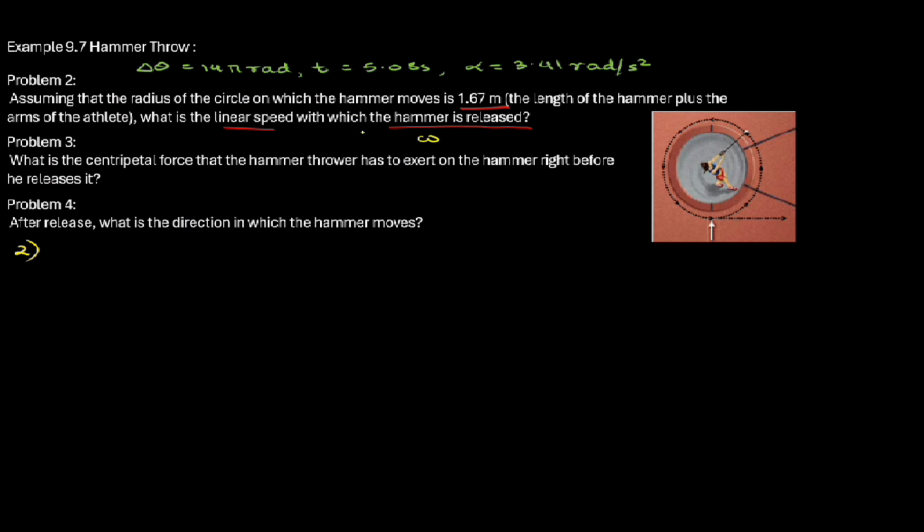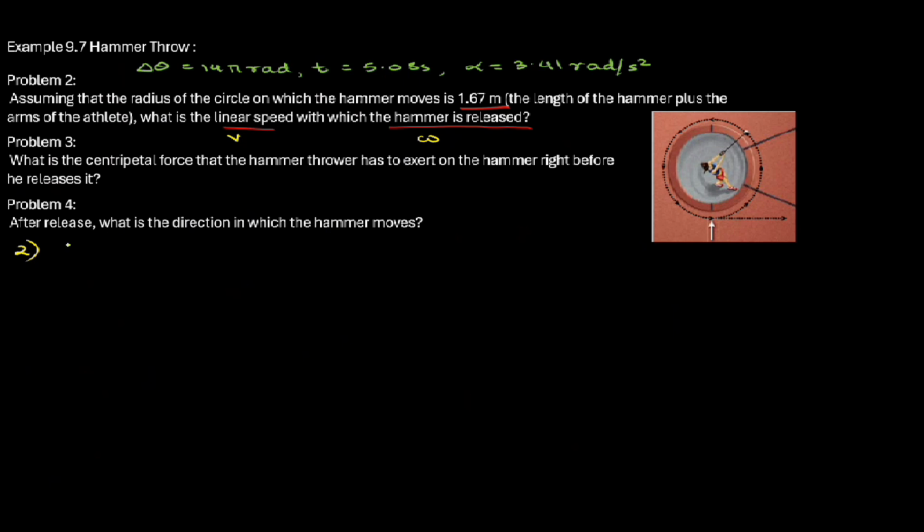Because I don't have the linear displacement, so I cannot use linear displacement and time to find the linear speed. But I have the angular displacement, I have the angular acceleration. I can use these values to find angular speed omega. And using the relationship between linear speed and omega, I will find the linear speed.